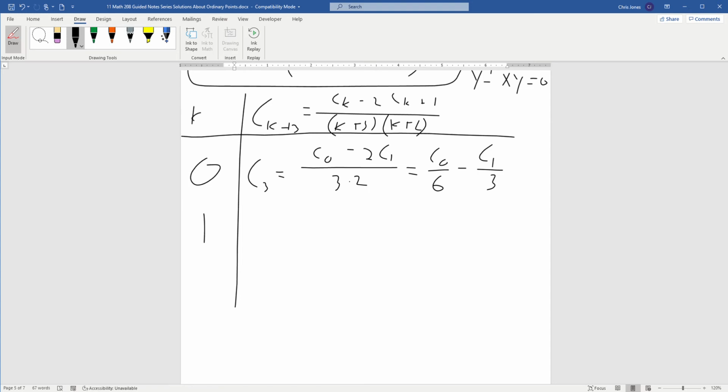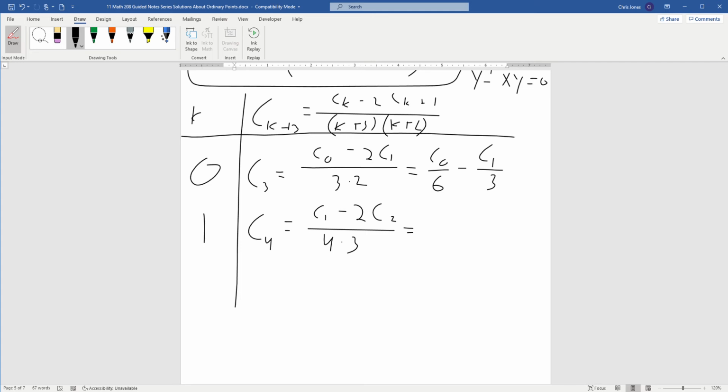Now, when k is 1, we're going to get a c4, which is c1 minus 2c2 divided by 4 times 3. However, we know a little something about c1 and c2. c1 is just c1, so we don't really know anything about it.